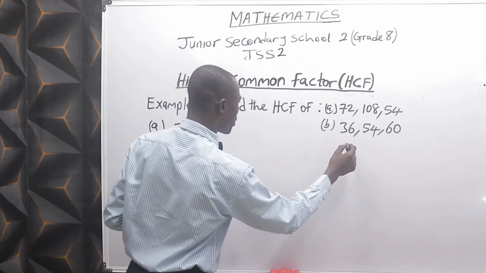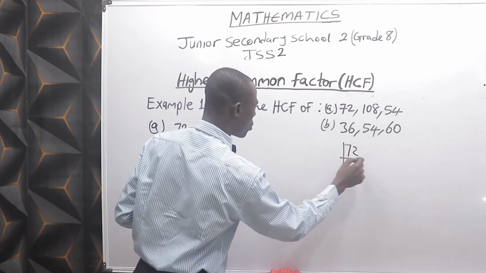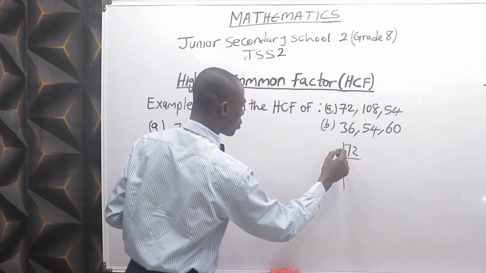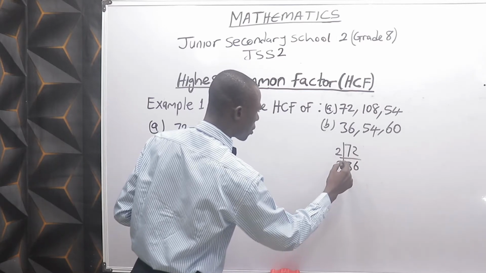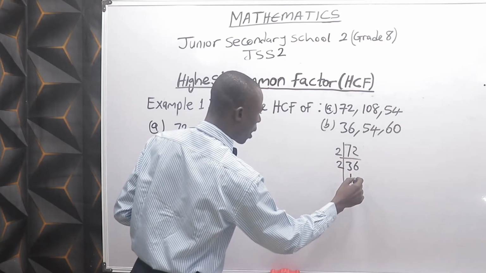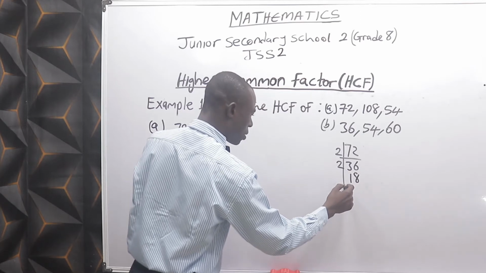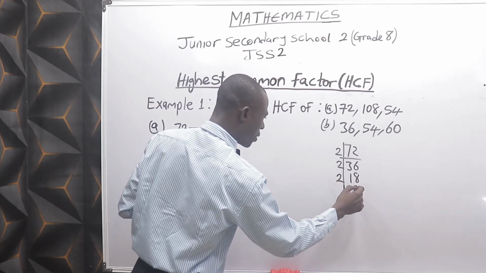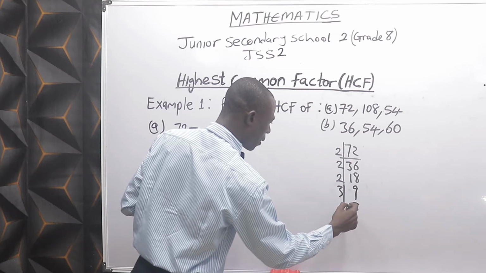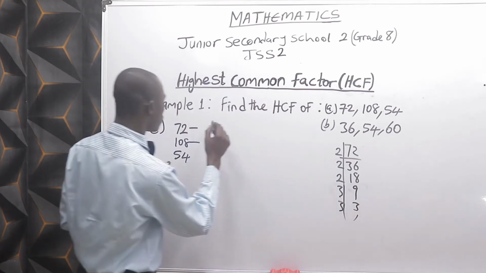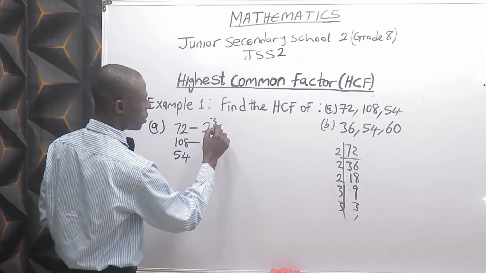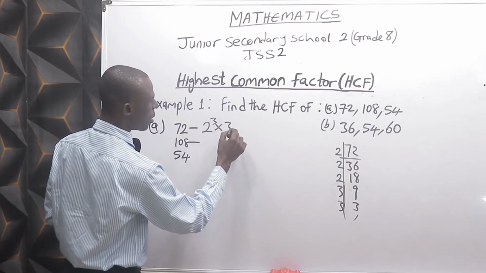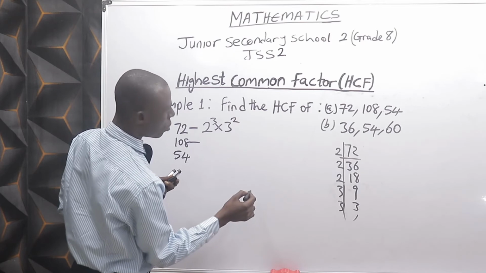We express 72 as a product of prime factors. 2 goes here, 3, 6. Here, 1, 8. 2 here is 9, 3, 3, 3, 1. So this is 2 raised to power 3 times 3 raised to power 2.